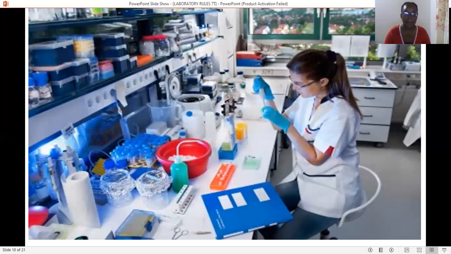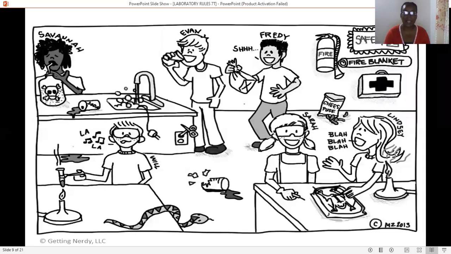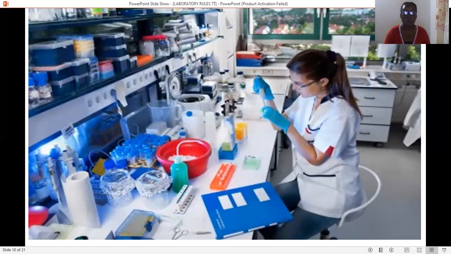The desk is not as cluttered compared to this unsafe classroom setting. So when we are looking at safe lab practices or safe labs or classroom, we should be seeing something like this. So this is a really good example.